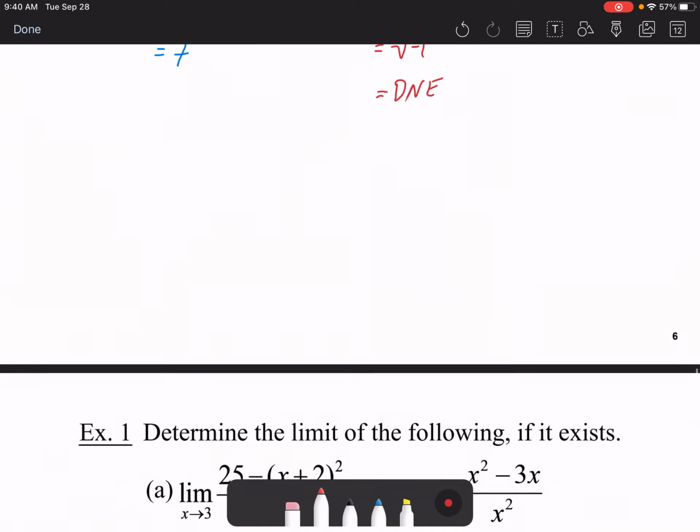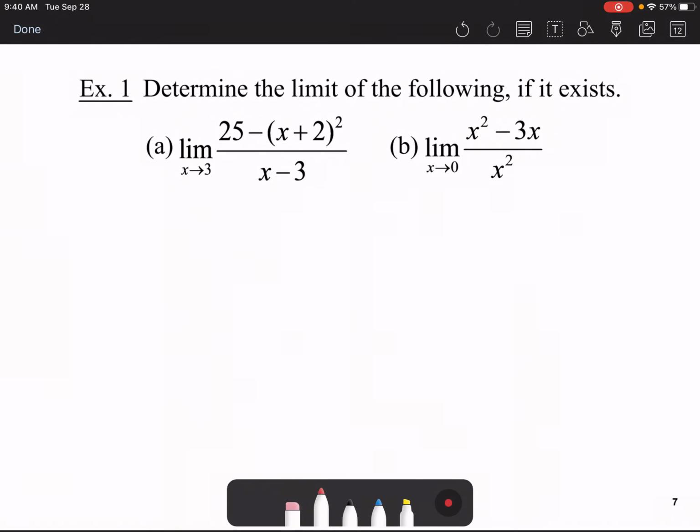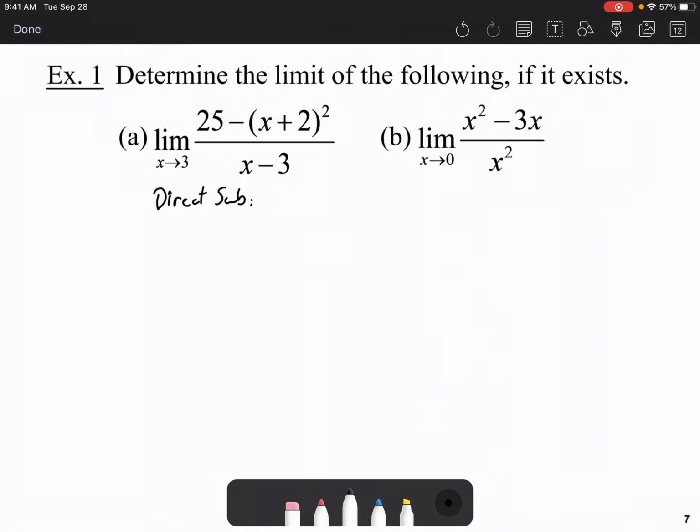Okay, so what happens for other types? Well, if ever the limit turns out to be having a problem with direct substitution, we're going to see something interesting happen here. So here we're going to try direct substitution, and we're going to see something different happen. So when I substitute 3 in, I get 25 minus 3 plus 2 squared all over 3 minus 3.